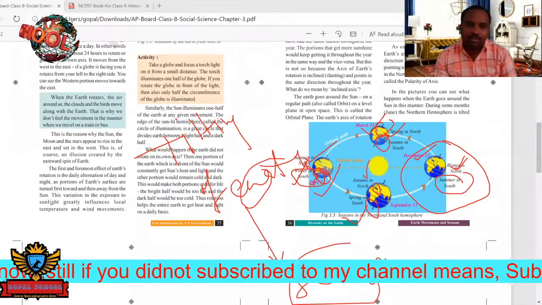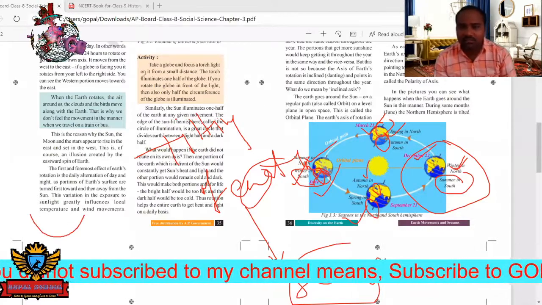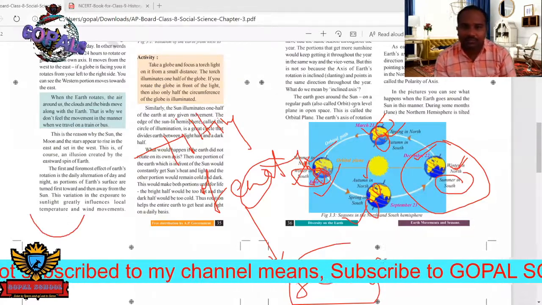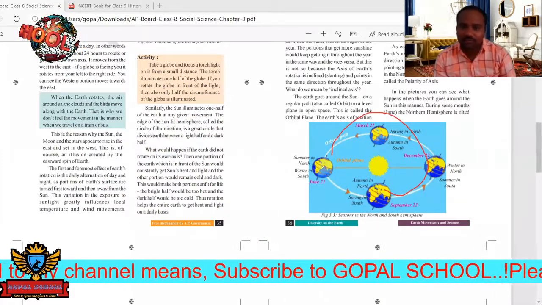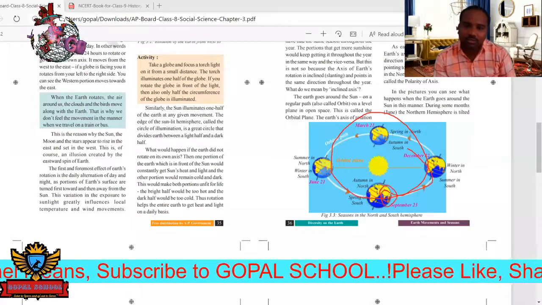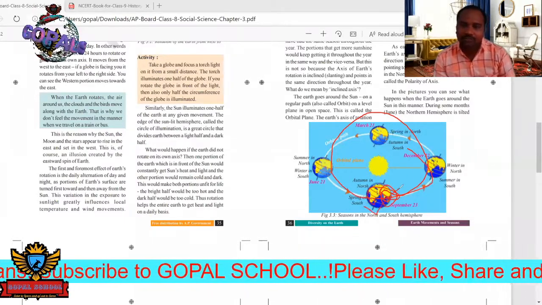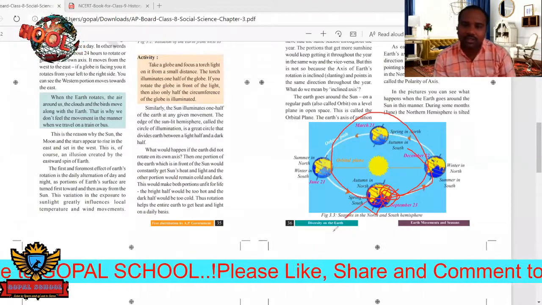So the earth is revolving. Sorry, I said one thing. See here, the earth moving around the sun is called revolution, and the earth rotating around itself is called rotation. Due to the rotation of the earth, we are getting day and night.